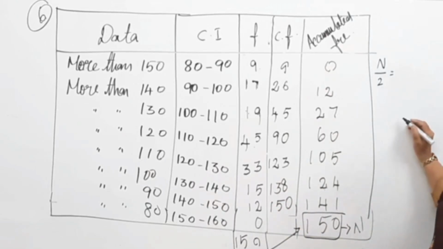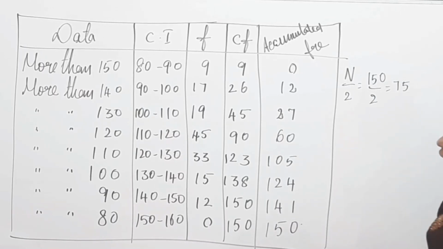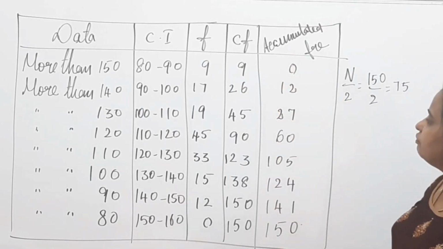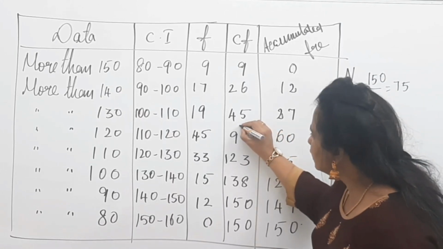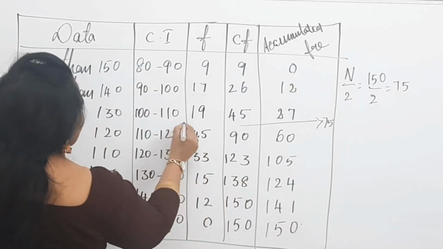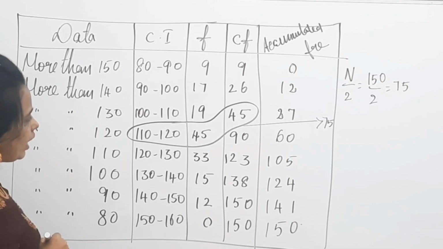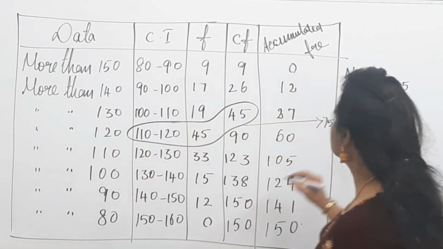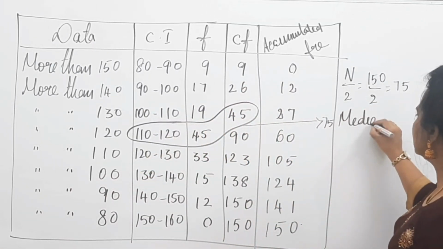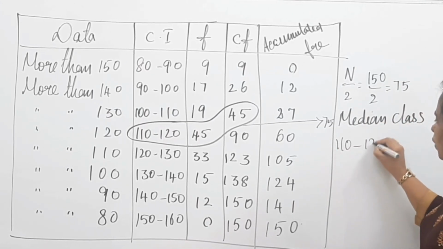So now I'm going for my n by 2, that is 150 divided by 2, which is equal to 75. So I will go and check in my cumulative frequency, not in the accumulated frequency. So my 75 will lie here. So my median class is going to be this one, that is 110 to 120.